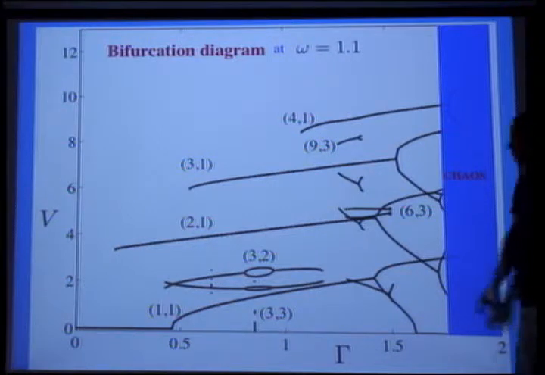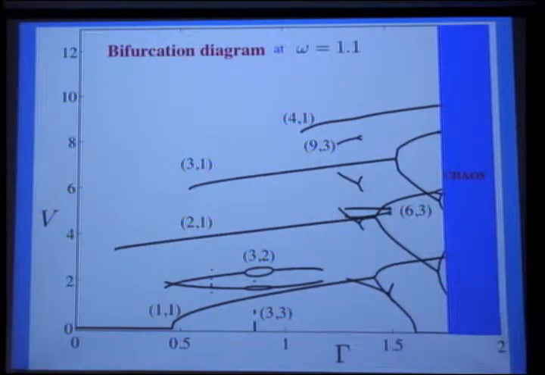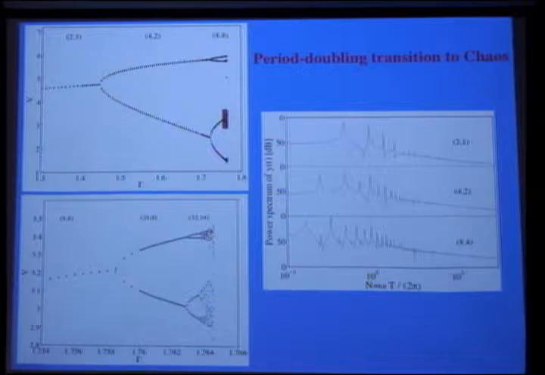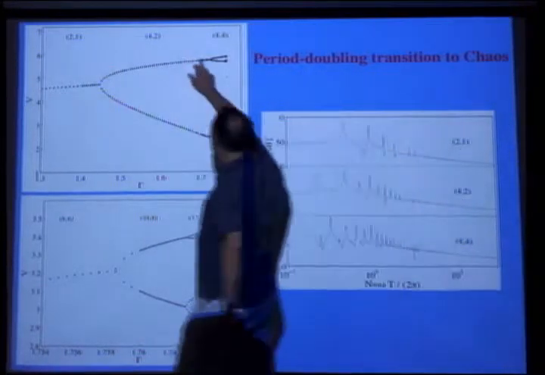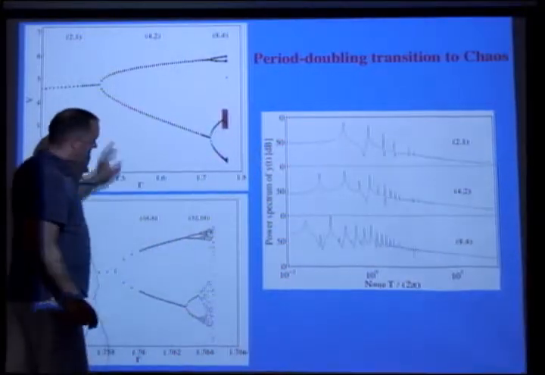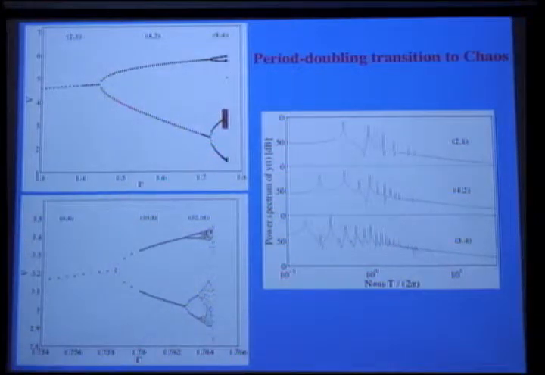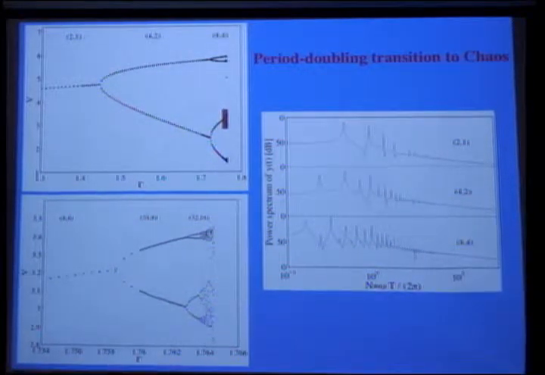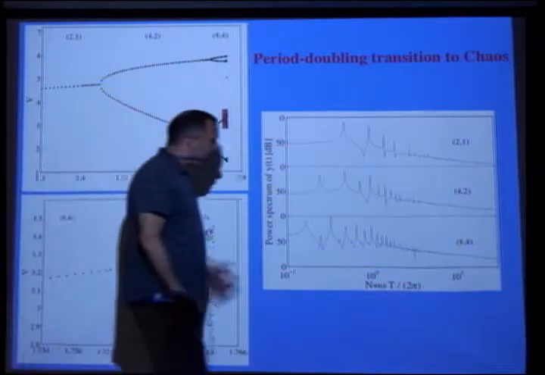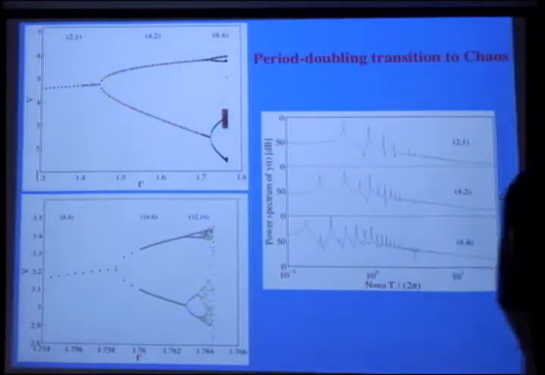This is on the 2, 1 branch here. If we zoom in, 2, 1 goes to 4, 2, and then 8, 4, and then if you zoom in here, you get this, right? So you really see this nice structure, and you can look at the power spectrum and see the evolution.